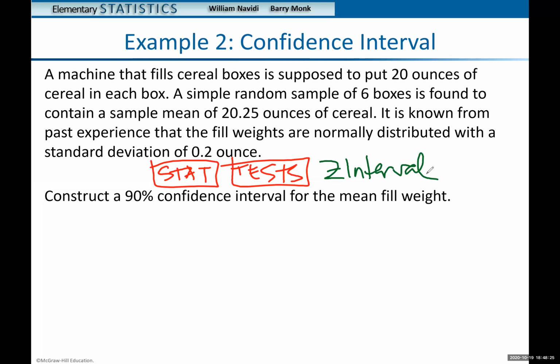Scroll down and look for z interval. I think that is number 7. You should then highlight stats.